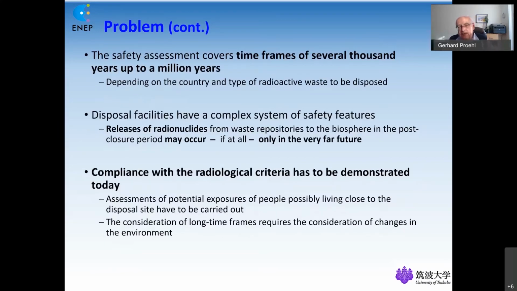However, here we have a general problem. These safety assessments cover time frames of several thousand years, and in some countries even up to a million years. This depends on the country and the type of waste which has to be disposed of.